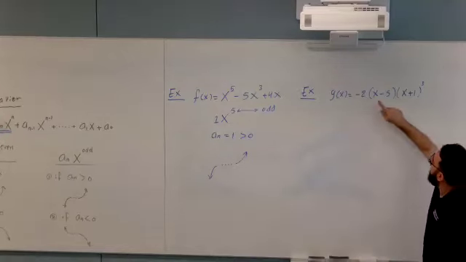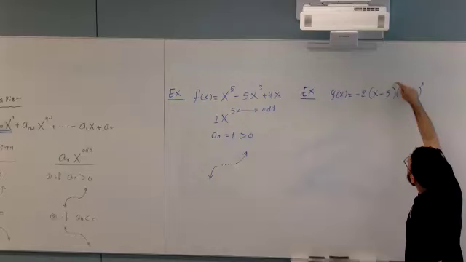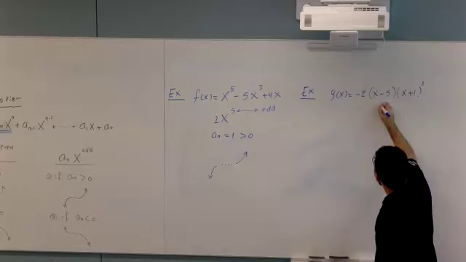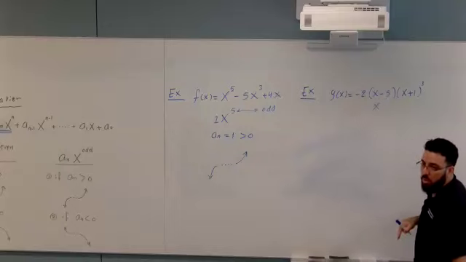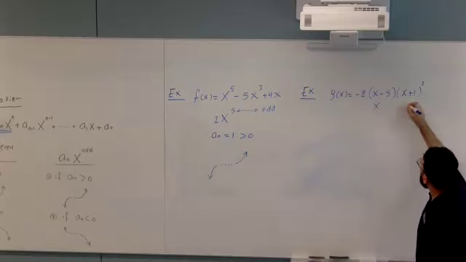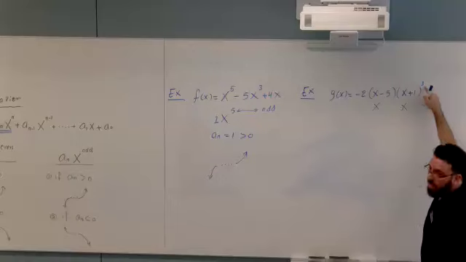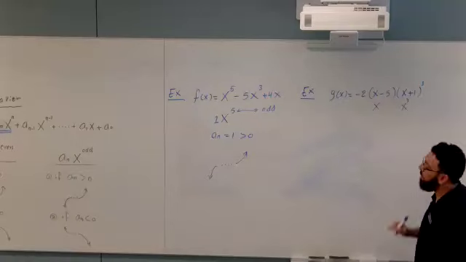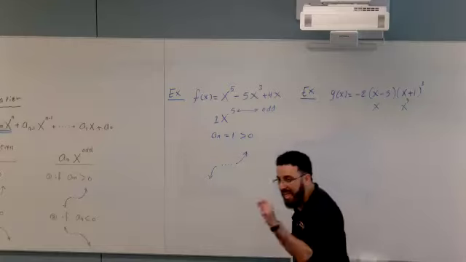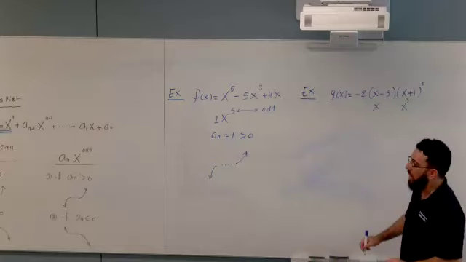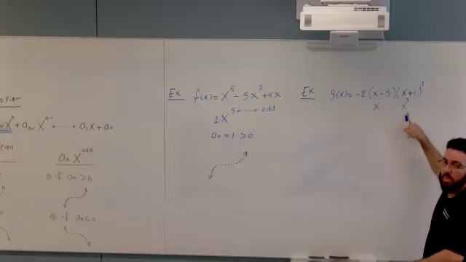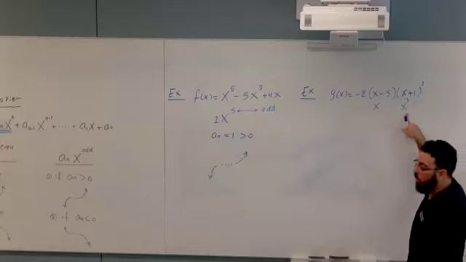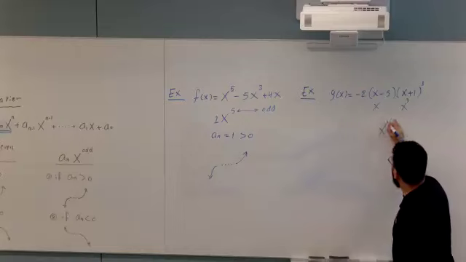But I'm going to check the exponents here. 1. That means here, the highest exponent is x to the power 1. What about here? x to the power 3, because the only thing I care about is the highest exponent. Now x times x cubed, x to the power 4.